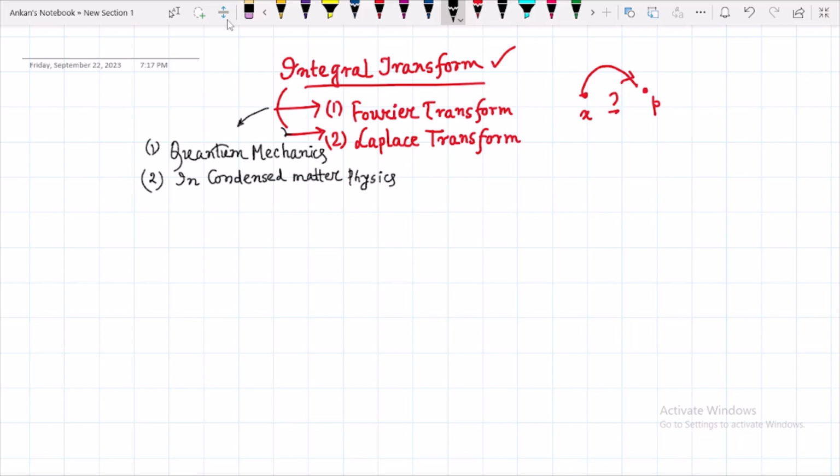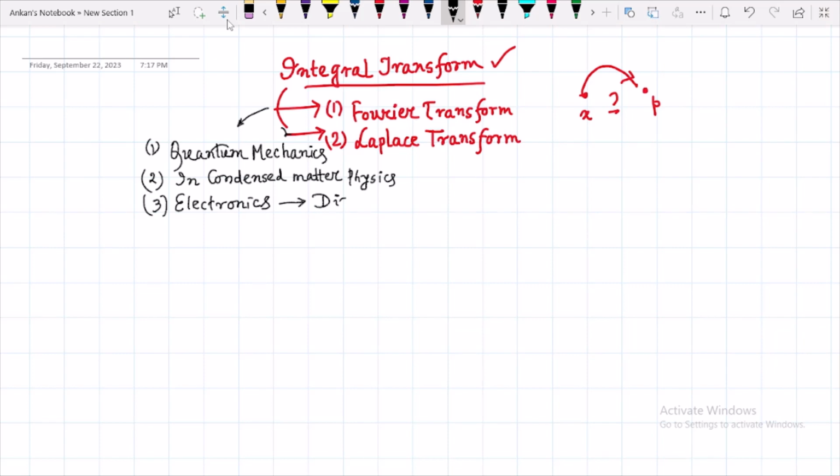Okay, so in condensed matter physics it is highly applicable, as well as in electronics. In digital signal processing, you have to apply the Fourier transform. So you can write here that in electronics it is also applicable. In which branch?